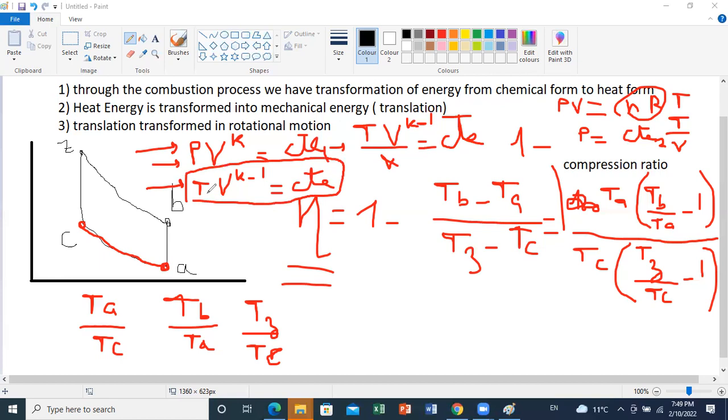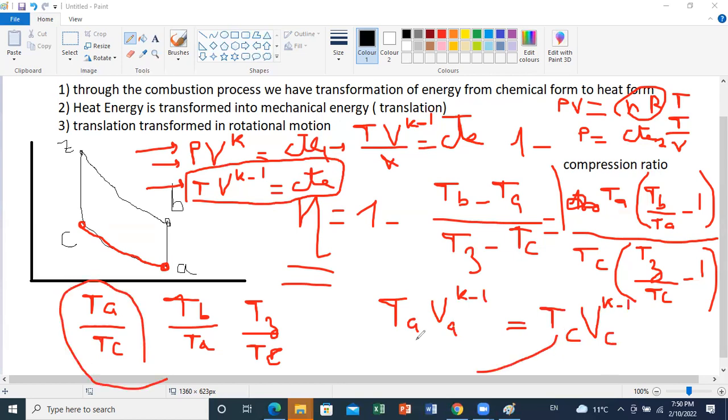You can say that at point A, I have TA times volume at A to the power K minus 1 is equal to TC times volume at C to the power K minus 1. And now I will make this ratio appear. I take TC to this side. So I get that TA over TC is equal to VC over VA to the power K minus 1.